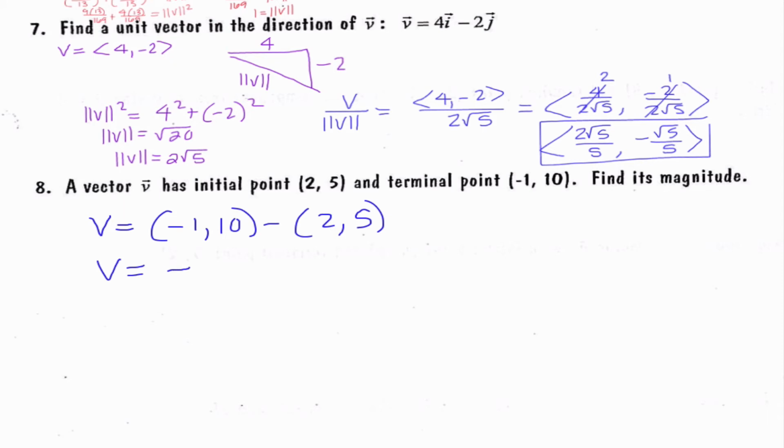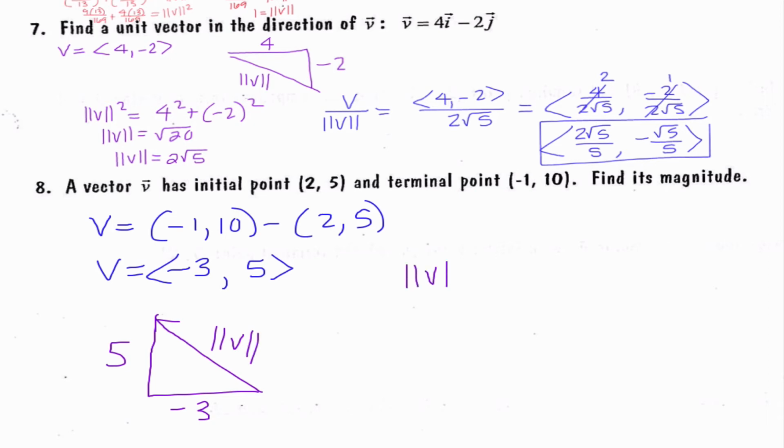So I get ⟨-3, 5⟩. That's telling me we're going to the left 3, and I should actually draw this down here. So I'm going to the left 3 and up 5. So there is our magnitude.